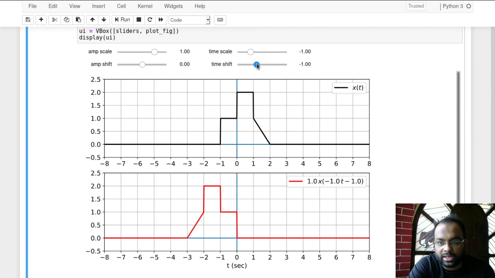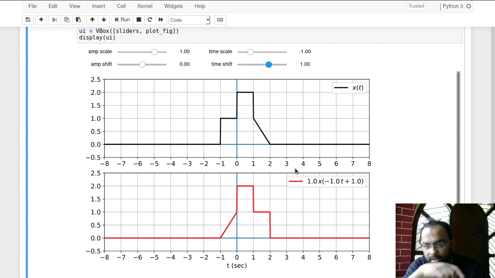So we're talking about x of minus t plus 1. Look carefully what happened here. This is x of minus t, and if we do x of minus t plus 1, the signal will be shifted to the right, because doing x of minus t plus 1 is nothing but adding a negative quantity with time here.